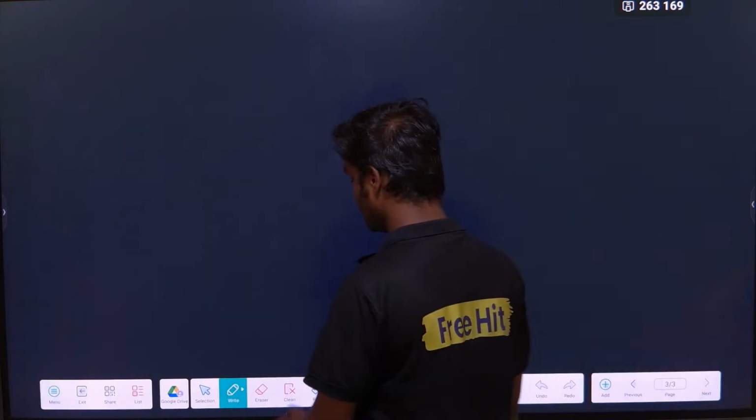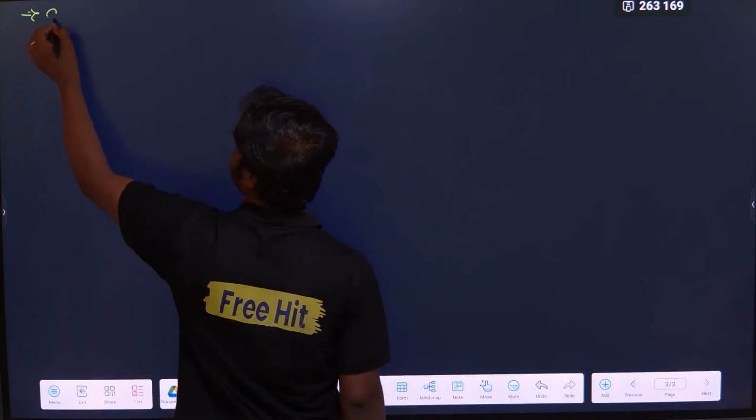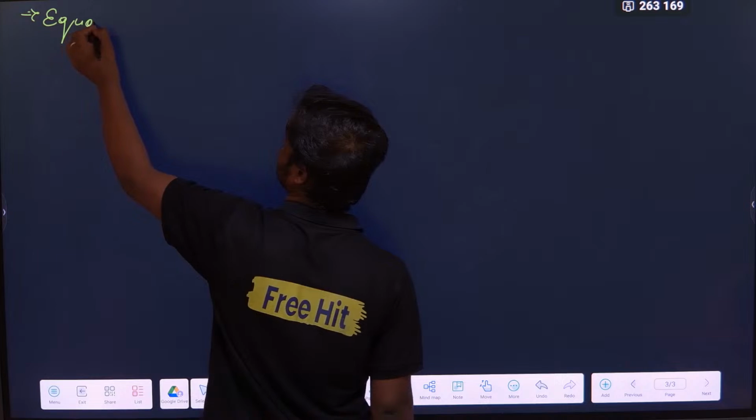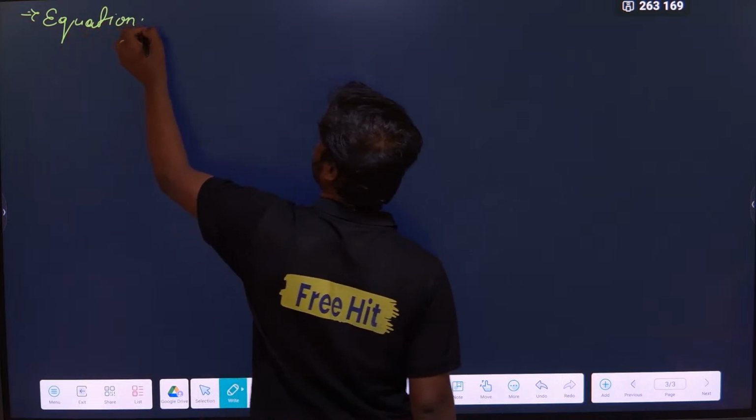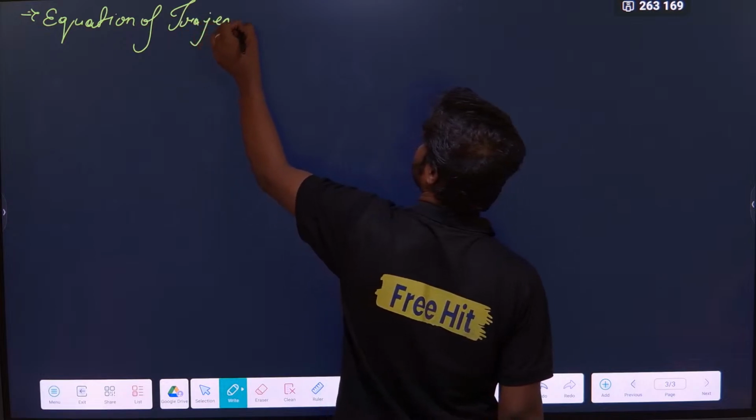So these are a few things. Now let us analyze the other things also. The next important thing is the equation of trajectory.